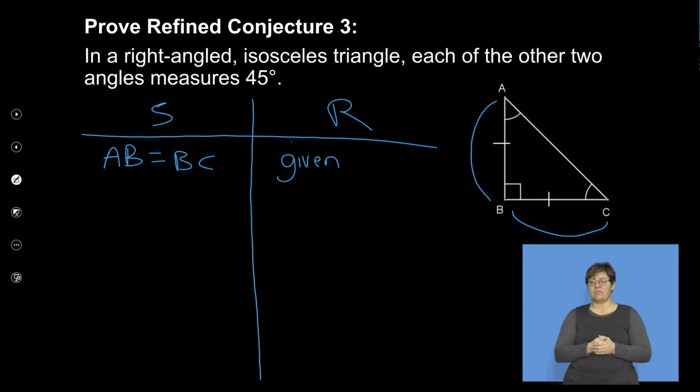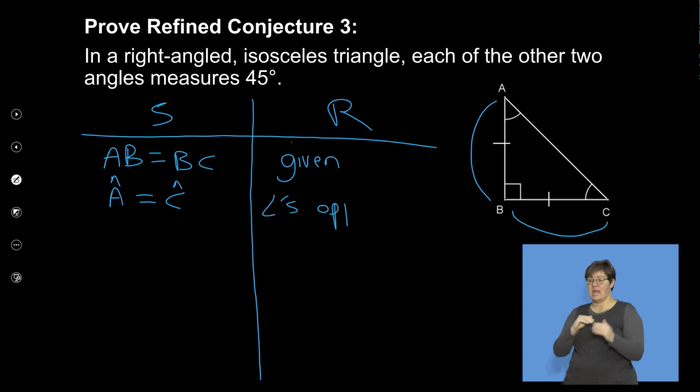Therefore, it means that angle A will be equal to angle C, and the reason for this will be angles opposite equal sides. Some people claim it's isosceles nature of a triangle, right? But please don't use that particular reason as a reason for a statement. But now, what do I know based on this?